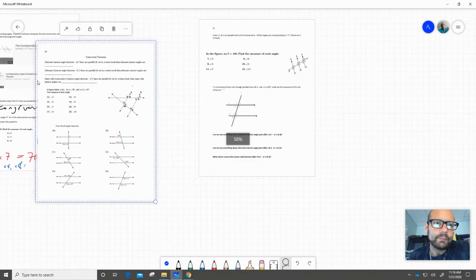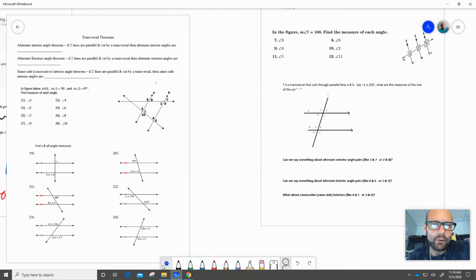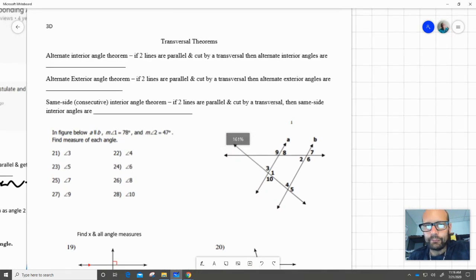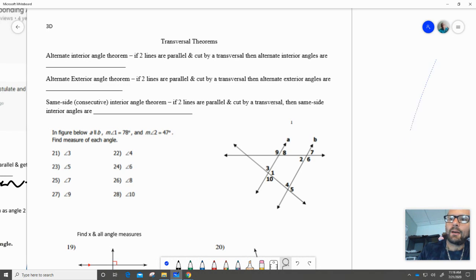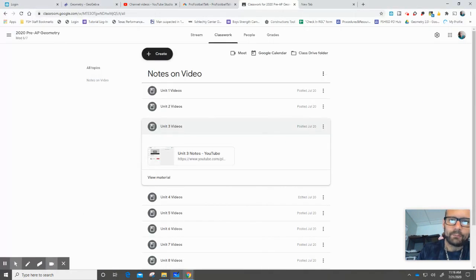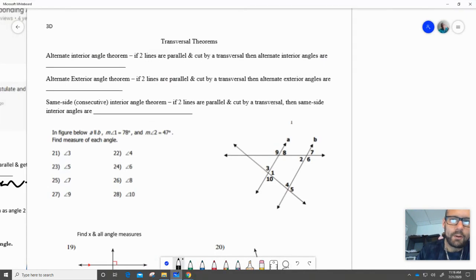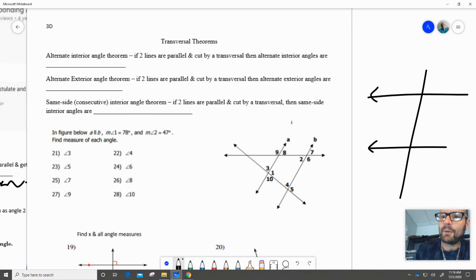Anyway, so we're looking at our transversal theorems here. We should be able to see that when we have our angle, where was I? Here we go. So let's say we have parallel lines, something nice and simple right here.